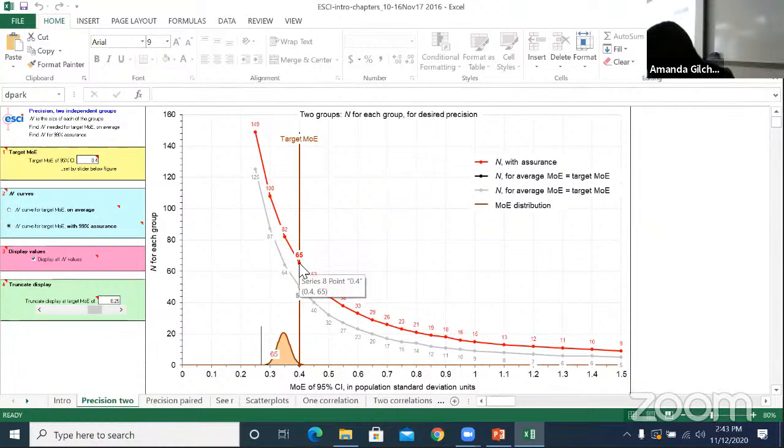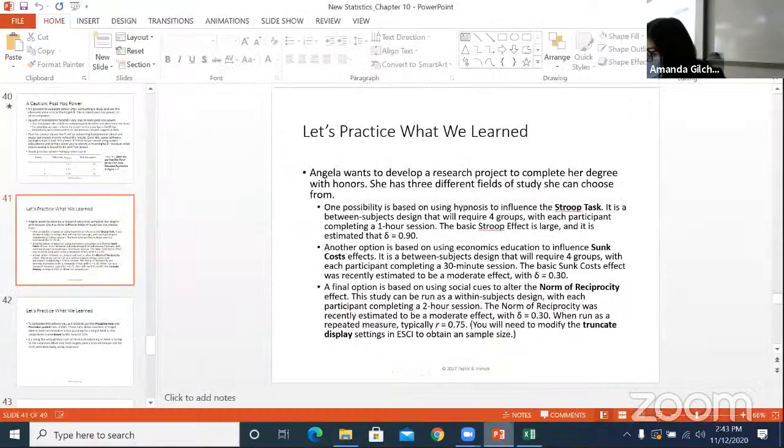So 65 times 4 is 260 people. To put this into perspective, you're running 260 people. That is a 1-hour session, so that's 260 hours, which is basically about 10 days worth of work. That is many, many, many hours.